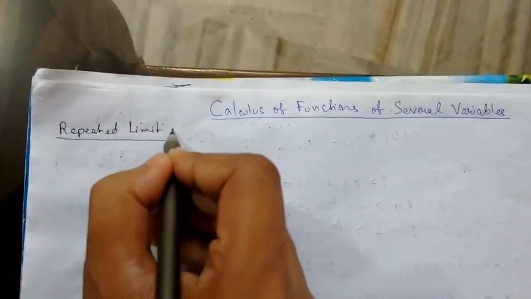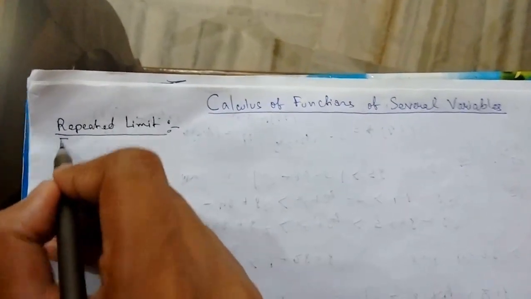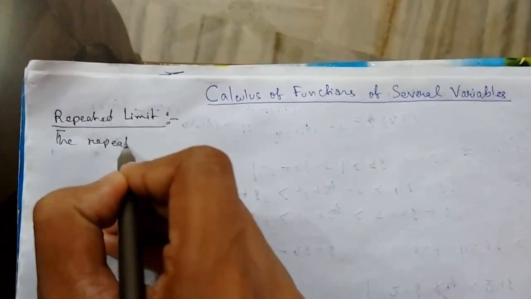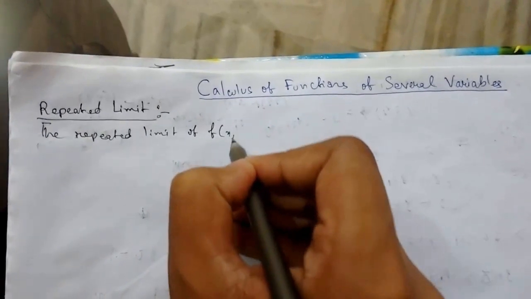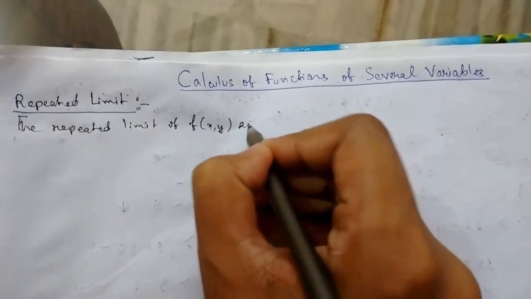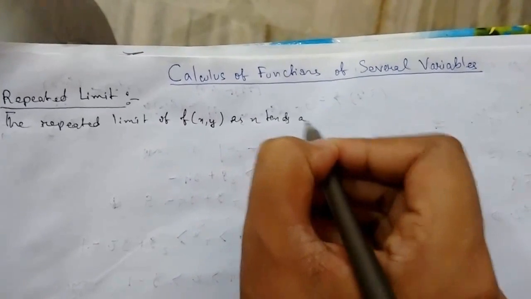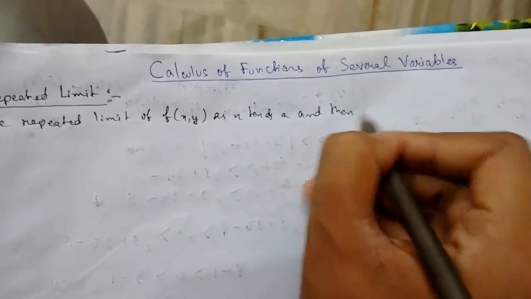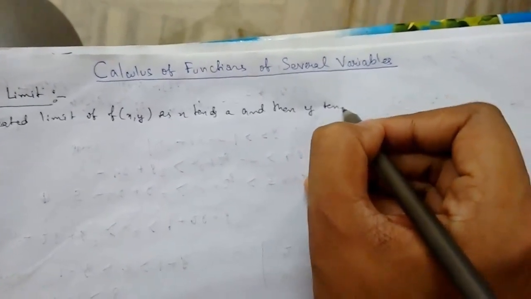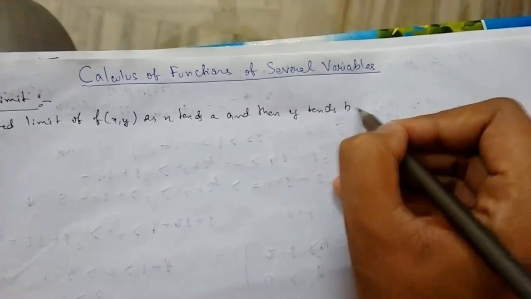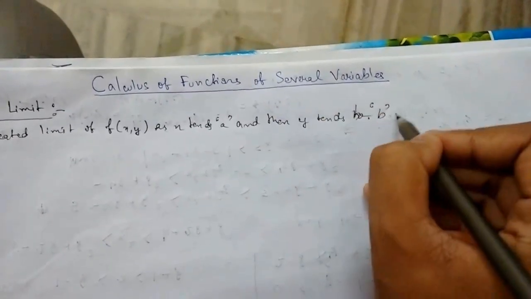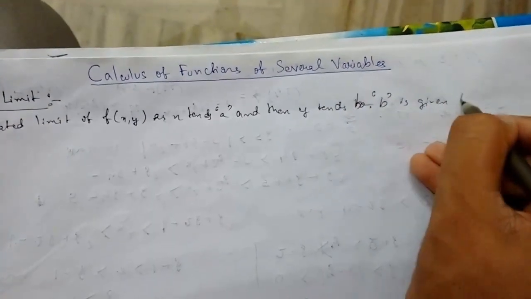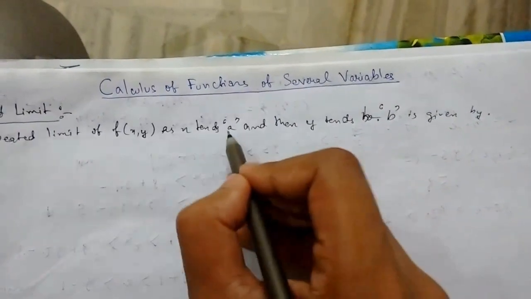So let me first define it. The repeated limit of f(x,y) as x tends to a and then y tends to b is given by, and here this is important, first x tends to a, then y tends to b.